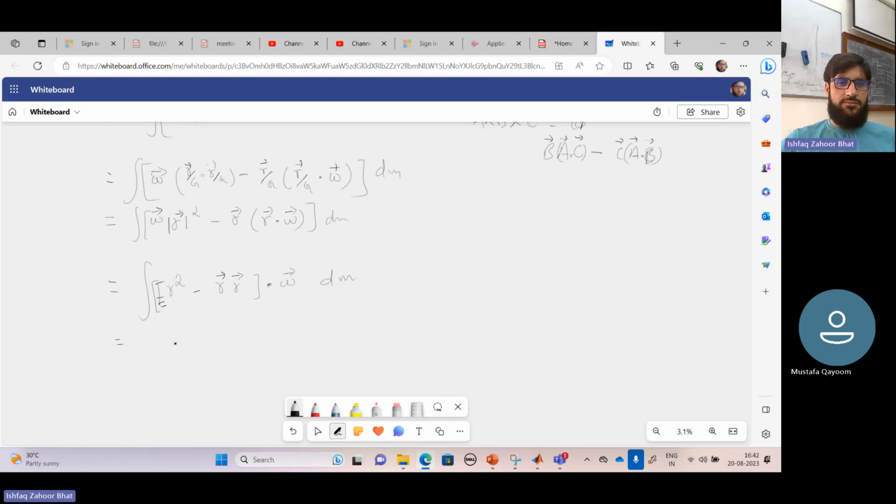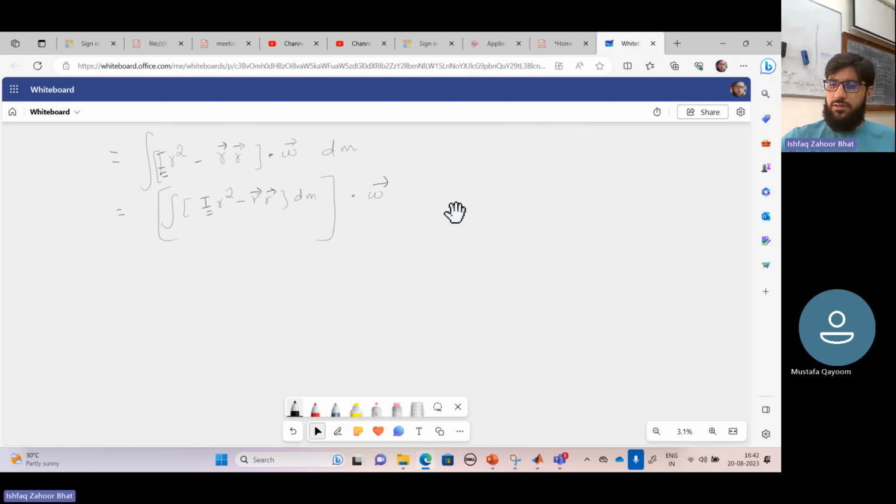So take this omega out of this integral. So I will get the integral of this thing minus r dot r dm, and omega is just outside it, because this omega is constant for all.